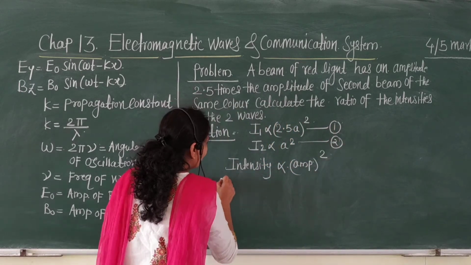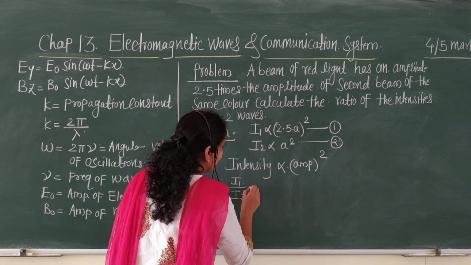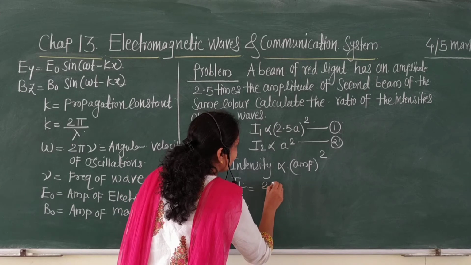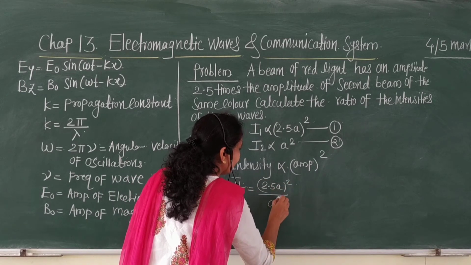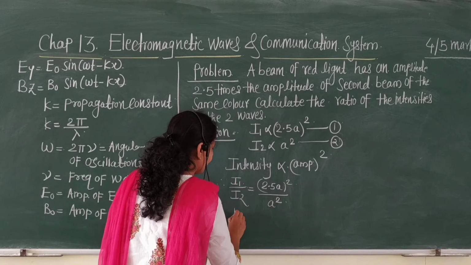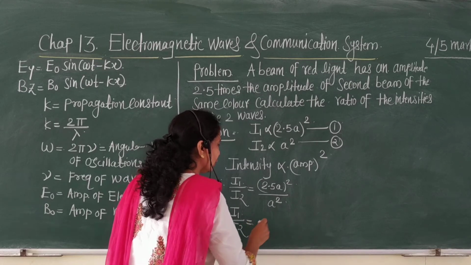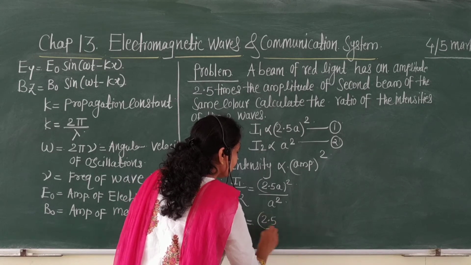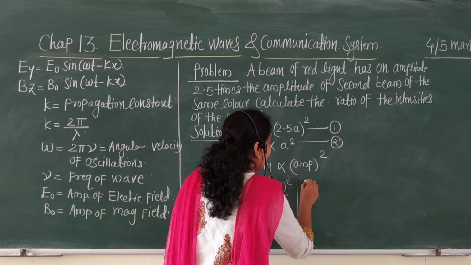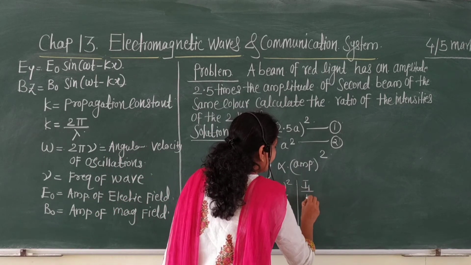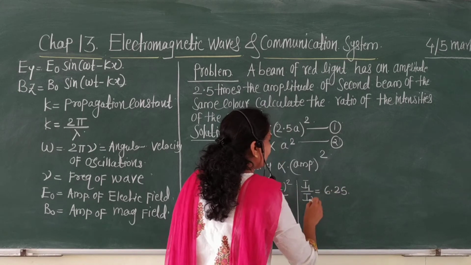Therefore, I1 upon I2 is equal to (2.5 a) squared upon a squared, so I1 upon I2 is equal to 2.5 squared, which becomes 6.25.